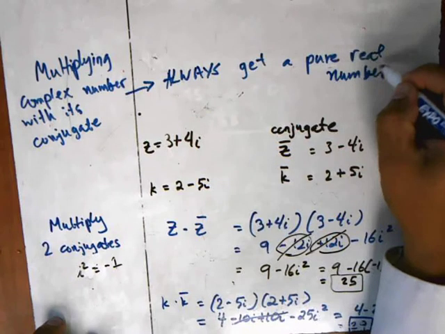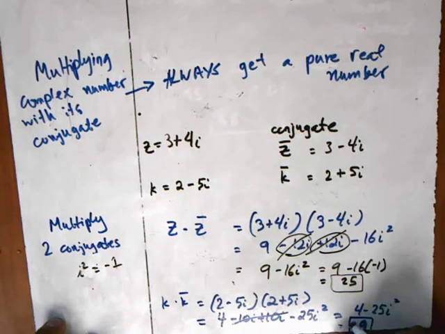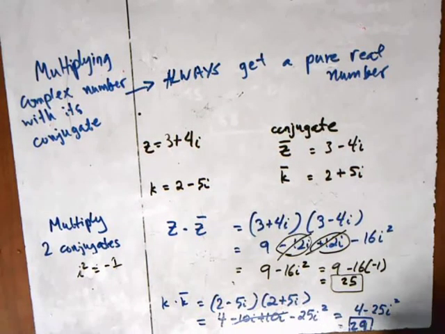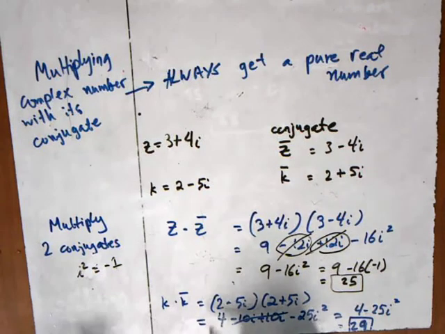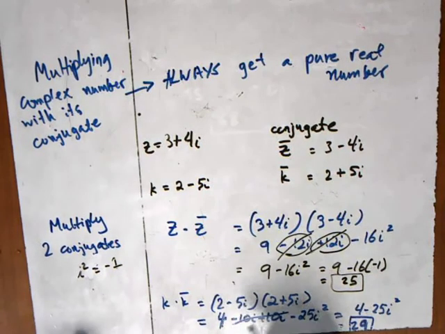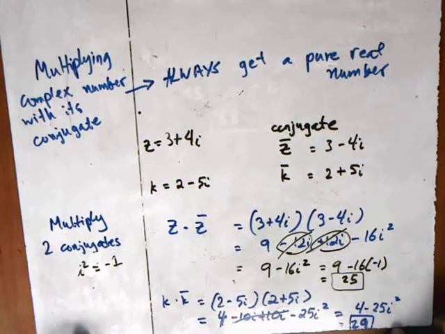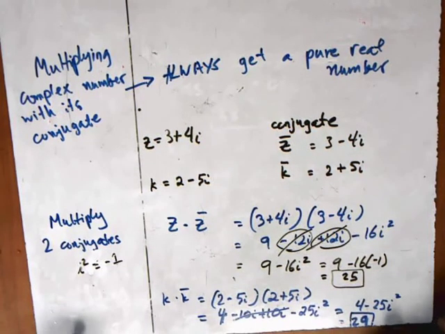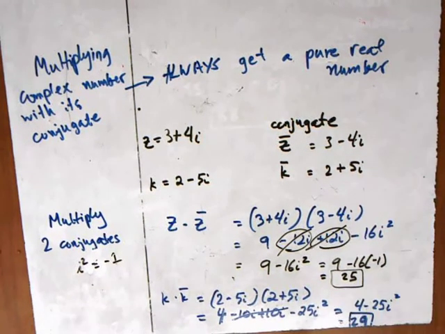That means we end up with a number that has no imaginary components, and that is really nice when you are trying to get rid of imaginary numbers. If in some cases we can't really work with them or they complicate a problem, you can find a way to multiply them by their complex conjugates, and you always end up with a real number. Okay?